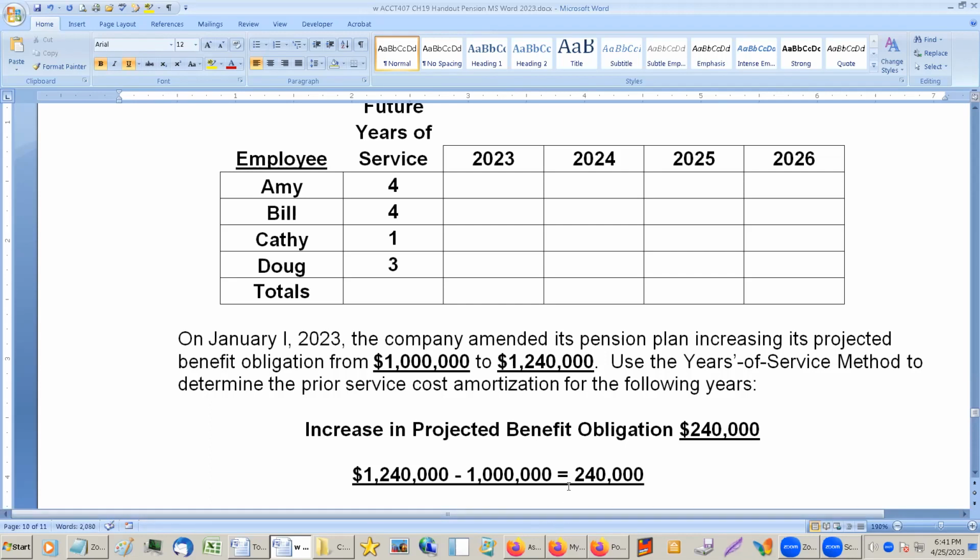Okay. Clean this up a little bit. So this will be our prior service cost that we are going to add on to it. Now this is the total prior service cost.